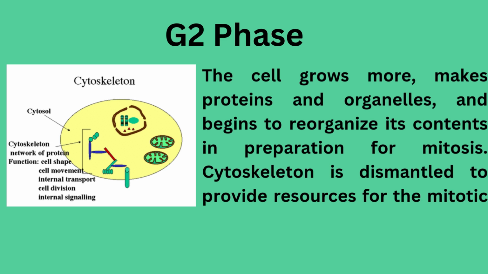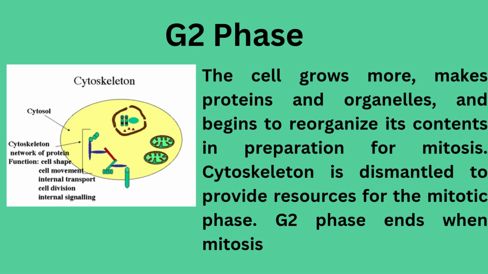Some cell organelles are duplicated, and the cytoskeleton is dismantled to provide resources for the mitotic phase. There may be additional cell growth during the G2 phase. The final preparation for the mitotic phase must be completed before the cell is able to enter the first stage of mitosis.